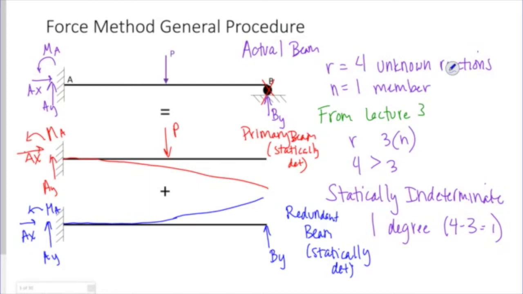So I just broke my actual beam into 2 different beams. The primary beam, in which I take away one of my redundant reactions, but I still am applying my actual loads. And then my redundant beam, where I apply that redundant reaction as a load itself.